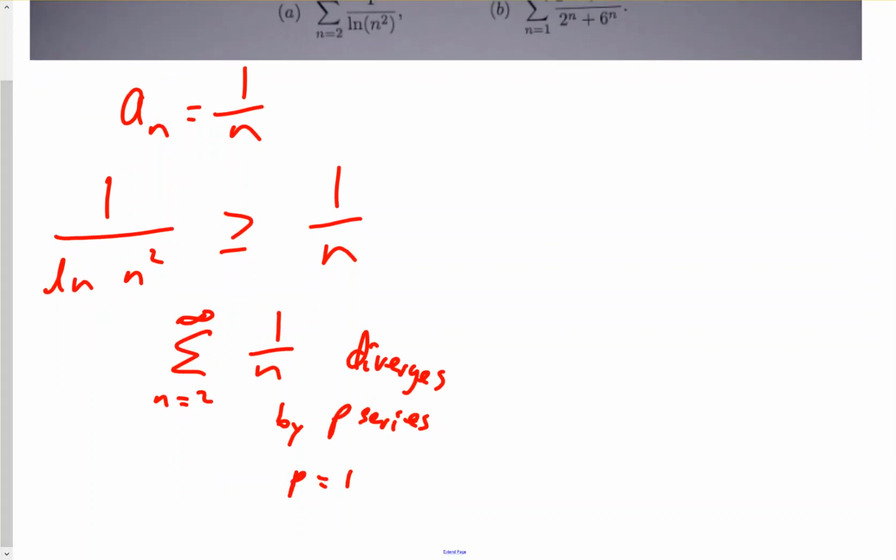P is equal to 1. Okay, so our series also diverges. So we would say that this series also diverges by the direct comparison test.